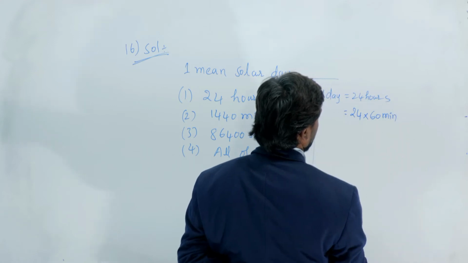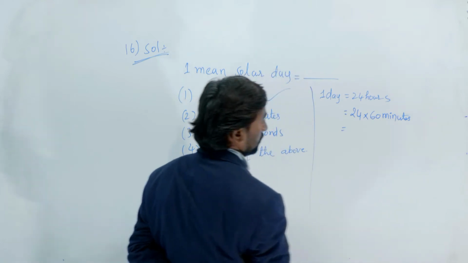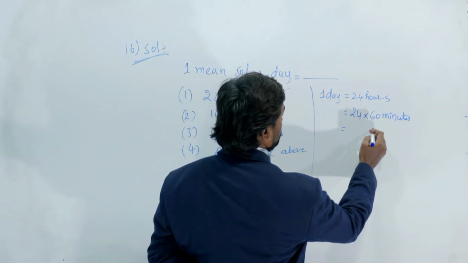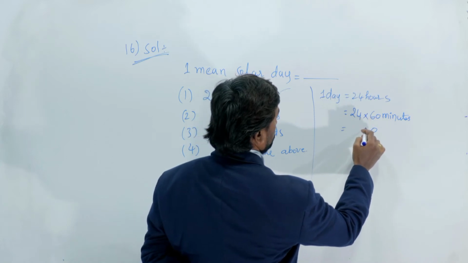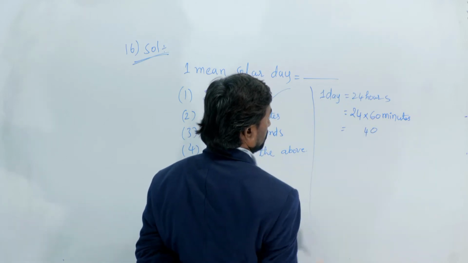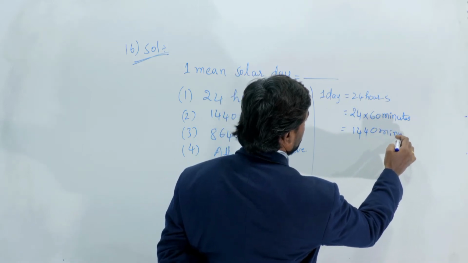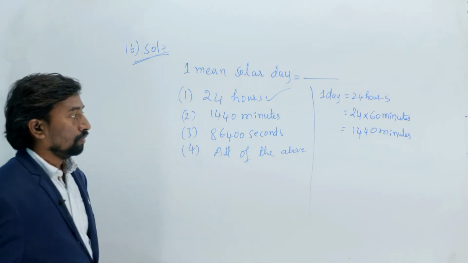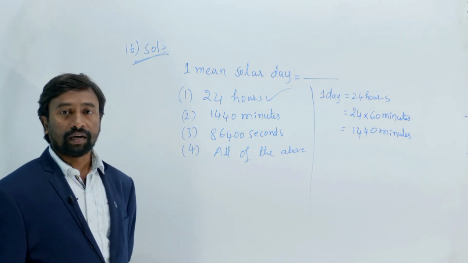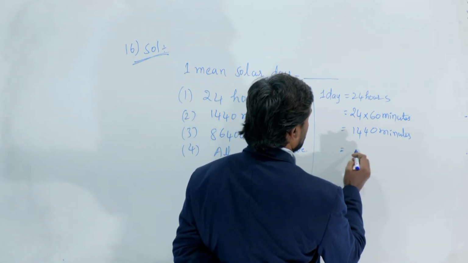So now multiply here, how much do you get? This is a 0, and here 6 4 is 24 and here 12 4. So this is minutes, no? So 1 day is equal to 1440 minutes.